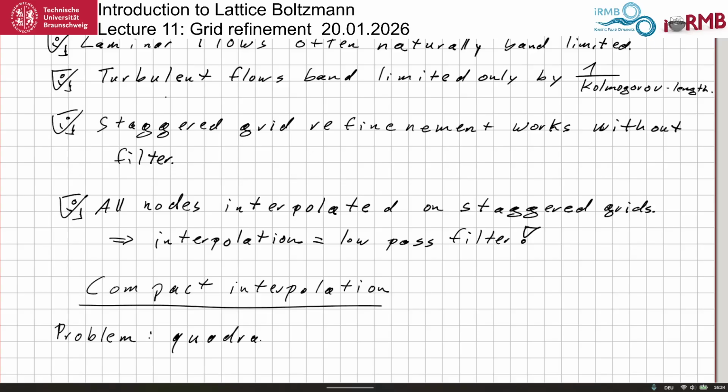We need a quadratic interpolation, at least for the velocity, at the interface. And this requires relatively large stencils.